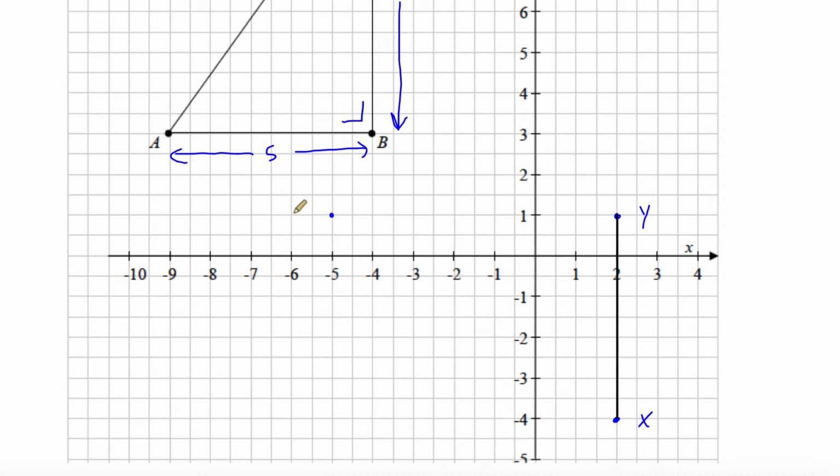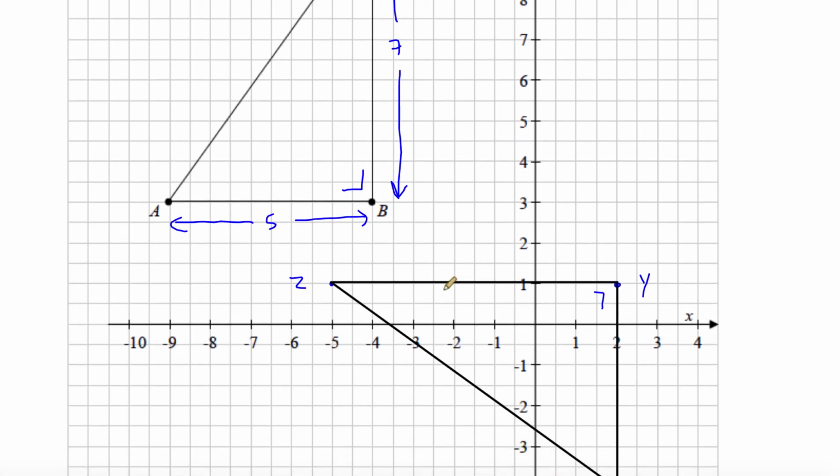So that's going to be my Z. To complete the triangle, I'm just going to join that. There we go. So we can see my right angle is there. If I rotated Z around to here to turn the triangle facing up, it would be identical to this one.